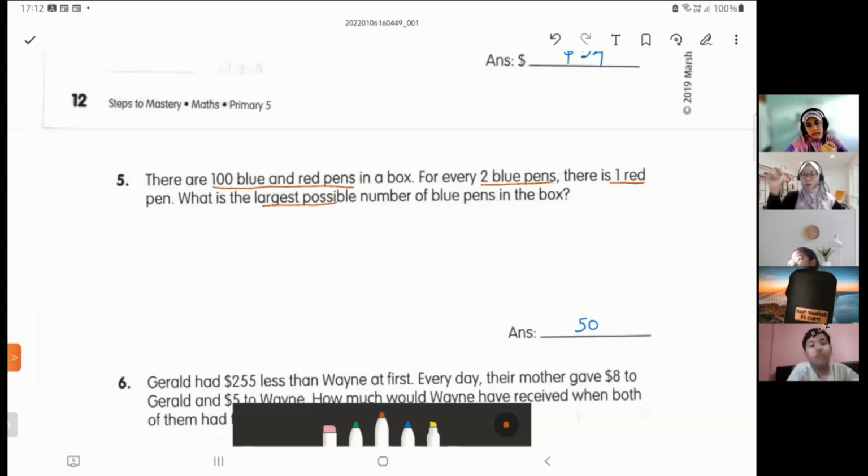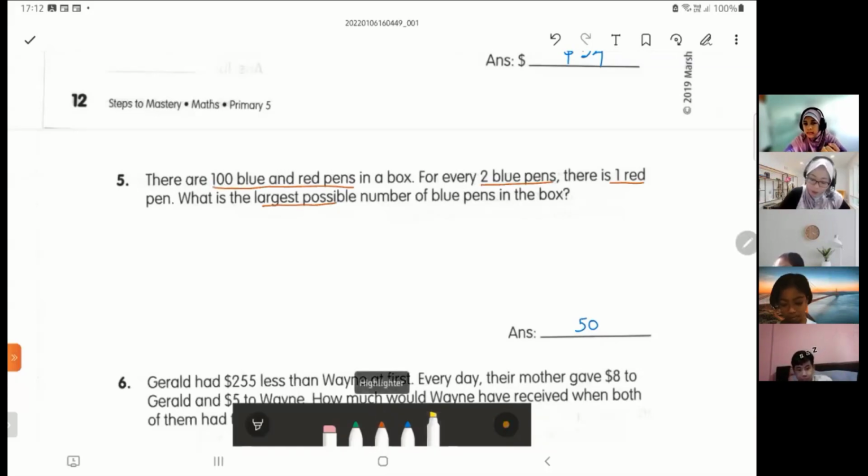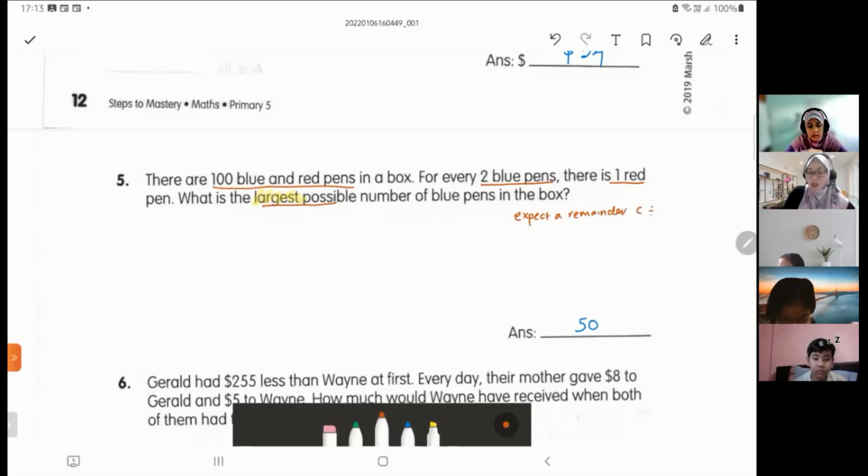Whenever you see the word maximum, minimum, smallest, largest, which means when you do some calculation, usually it's division, there will be a remainder expected. Whenever you come across this kind of word, minimum, maximum, smallest, largest, you will expect a remainder in your calculation, usually in your division.